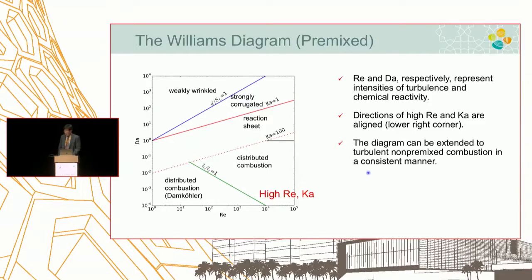So high Reynolds Karlovitz number is approached at the same lower right corner, which is how it should be. You can't just simply increase Reynolds number without Karlovitz number. It depends on how you raise Reynolds number. Typical way of doing it is you are not changing the box size, right? You are stirring faster. So integral scale is fixed, and small scale gets smaller and smaller. And that axis is exactly coincident with increasing Karlovitz number axis. So I think this figure makes a whole lot more sense.